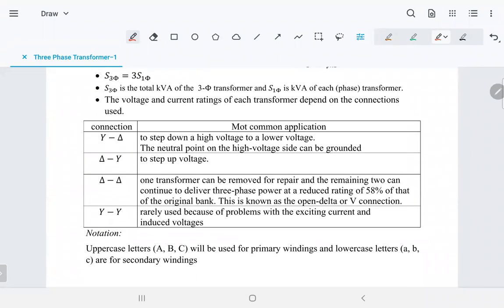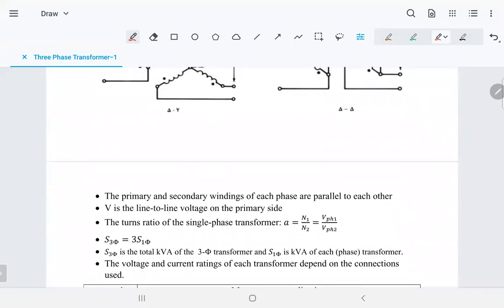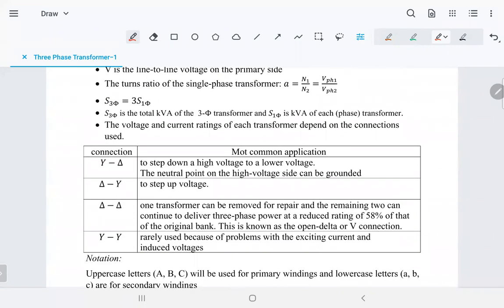Then you have the other one, delta Y. That's to step up voltage, from the power station to the transmission line. If I can sketch something like that, if this is the power station and has a voltage, and then the transformer here to step up the voltage, what type are they using to step up the voltage?